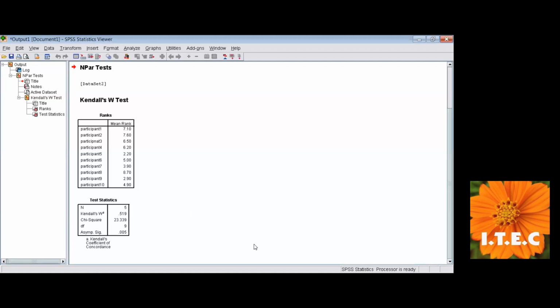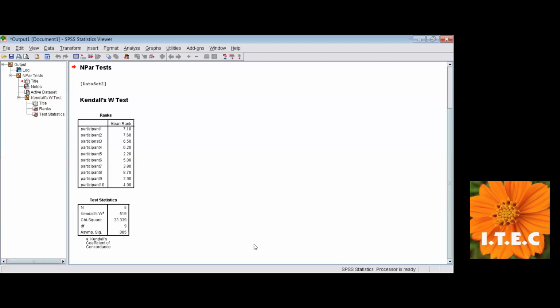The first mean rank is 7.10. Another is 7.60.